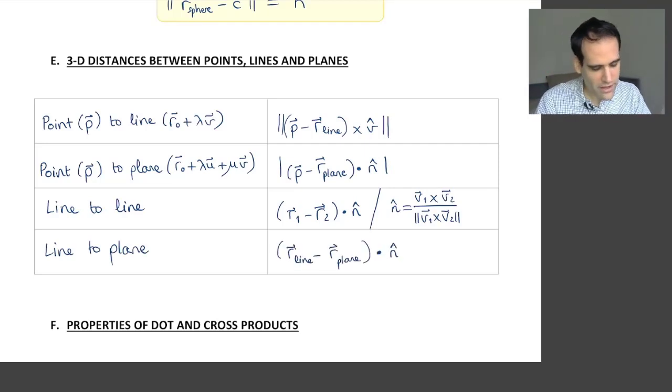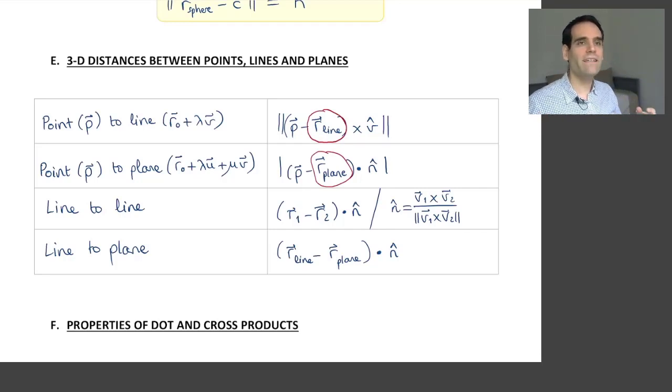The usual question that students ask me after they watch the video is that they don't really understand what this r line means or this r plane means. What this means is you can find any point whatsoever that lies on the line. So r line means any point on the line.